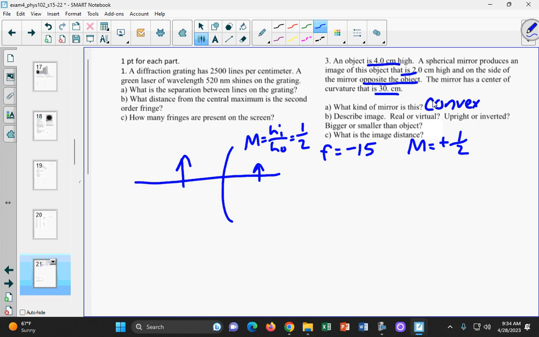Now we get to the real difficult part, which is solving this system of two equations. That's really what this problem is about. I just want to make sure that you know how to use that mathematical tool. It's a pretty important tool. So I have 1 over negative 15 equals 1 over p plus 1 over q. And then I have positive 1/2 equals negative q over p.